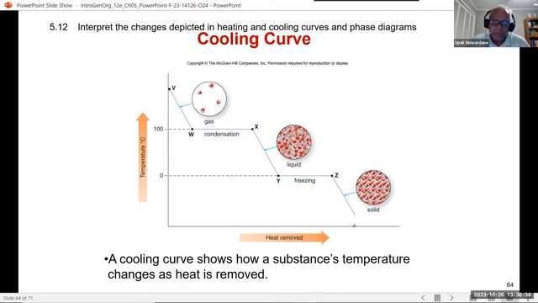V to W is cooling of the steam. X to Y is cooling of a liquid. Therefore, you can identify phase changes from the heating or cooling of a particular phase.